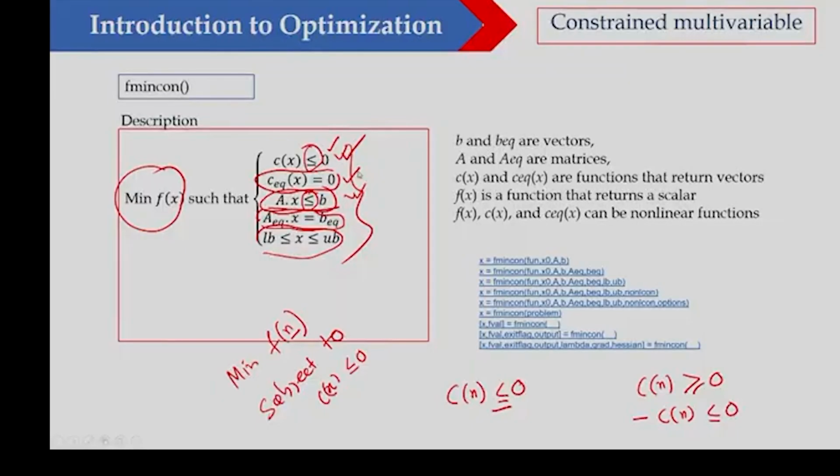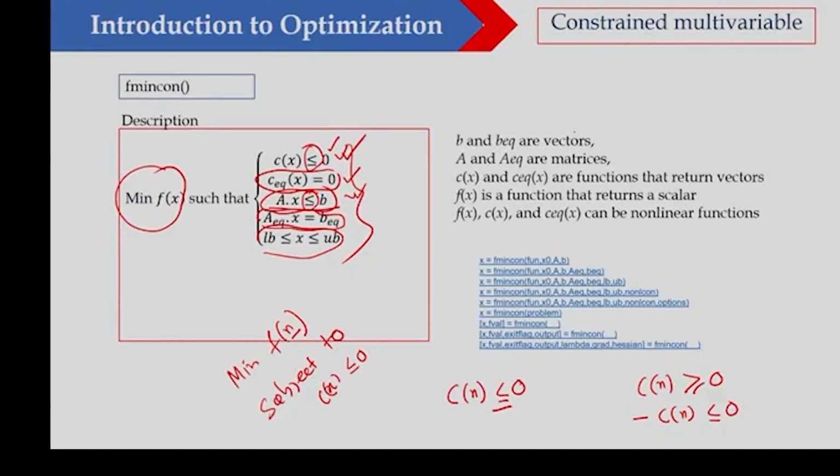So, in this case, if you are using the fmincon function, then the inequality constraint should be less than equality type. Okay. If it is greater than equality type, then you multiply it by -1 and convert it to less than equality type. Here I have defined what B is.